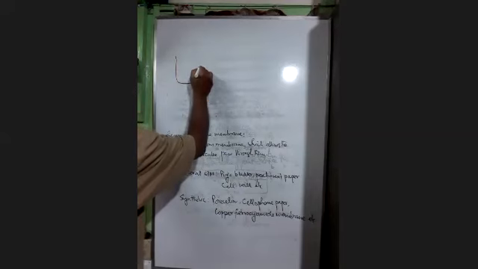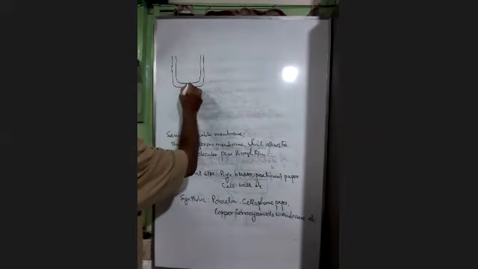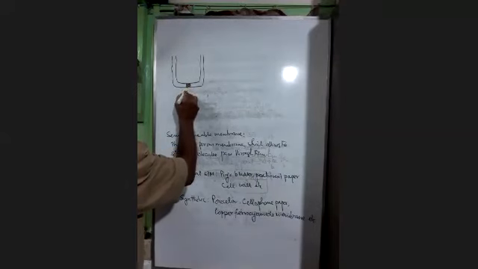Osmosis. Okay, I'll show you an experiment. See here, suppose I have a U-tube. My drawing is very bad, don't lie. This is called a U-tube, and this is the semi-permeable medium, SP.